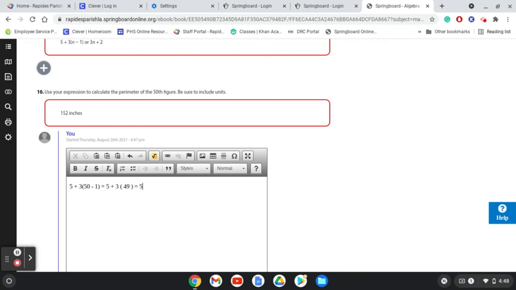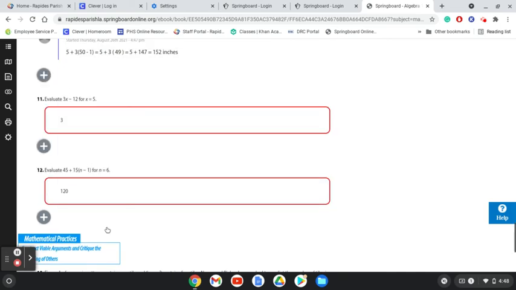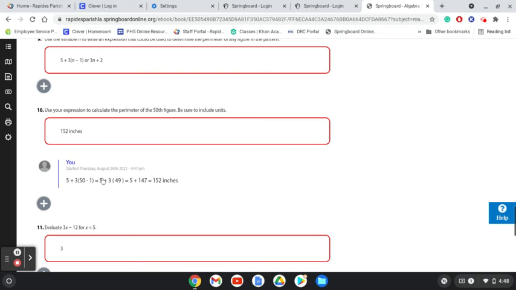So this is 5 plus 147, which is 152 inches. Okay, so that's how that one works.